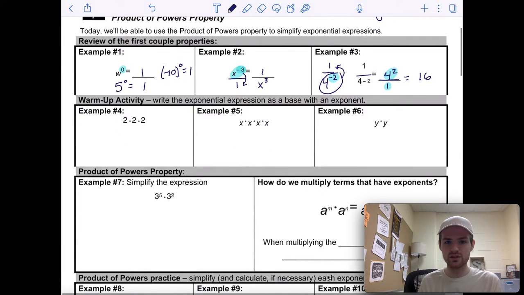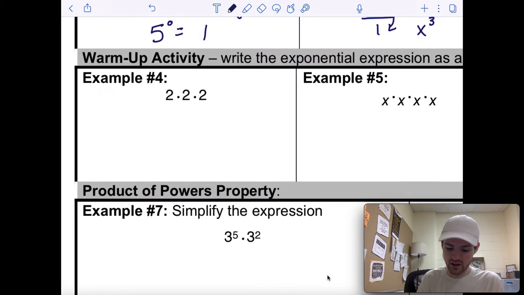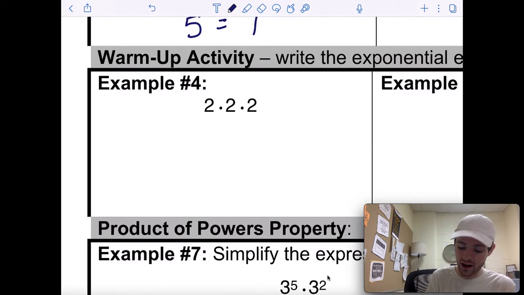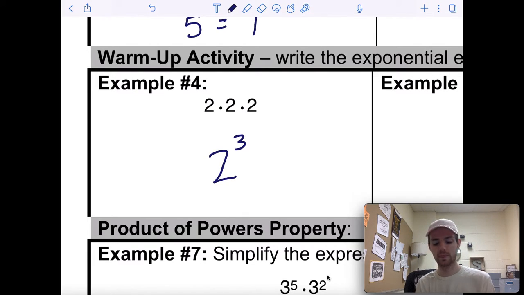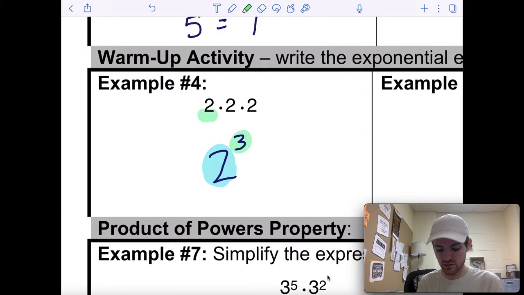Now, these next 3 examples help remind us what an exponent is. If I wanted you to write 2 times 2 times 2 as an exponent, we would write it as 2 cubed. 2 because that's the number we're multiplying, and 3 because there's 1, 2, 3 2's that we're multiplying.